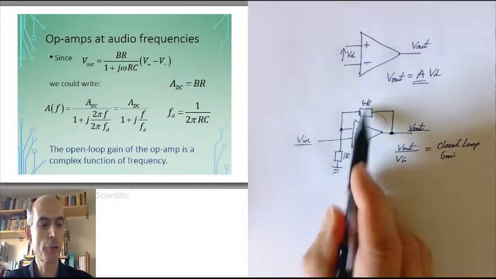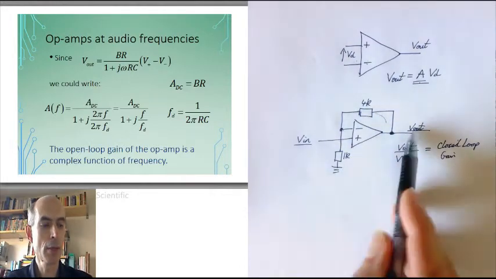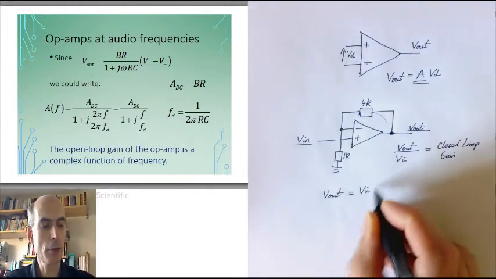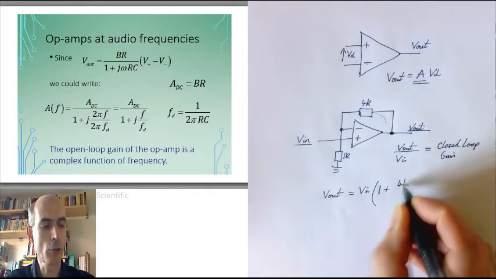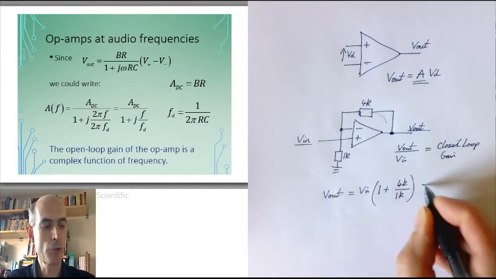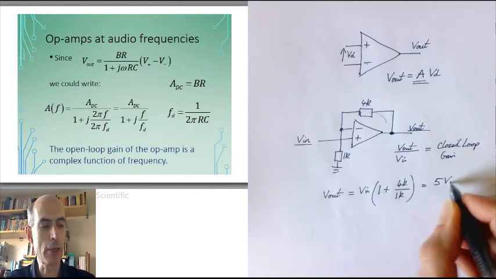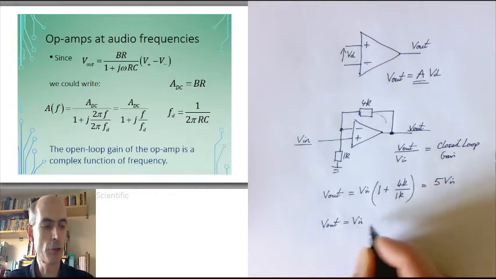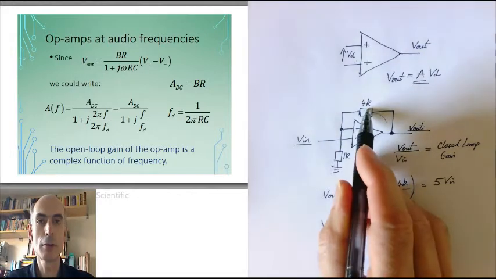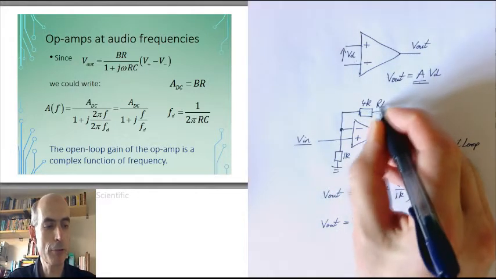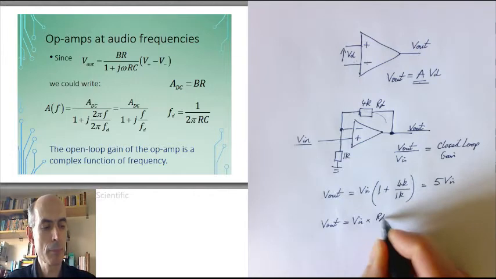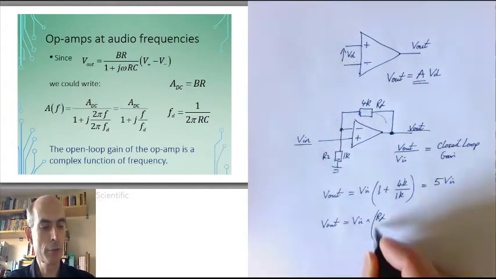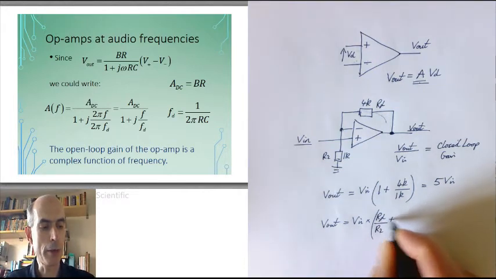And in terms of the 4K and the 1K resistor here, we would have written that Vout equals Vin times 1 plus 4K over 1K, which is therefore 5 times Vin. The formula being that the output voltage is the input voltage multiplied by this resistor, I'll call it RF, the feedback resistor, divided by this resistor, I call it R2, for want of anything better to call it, plus 1.